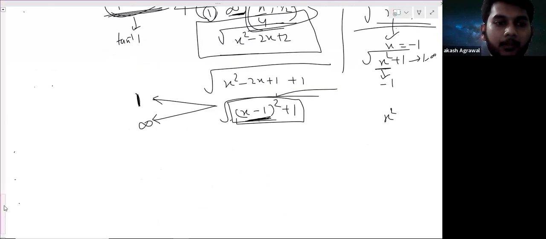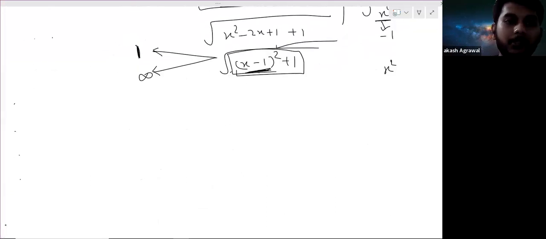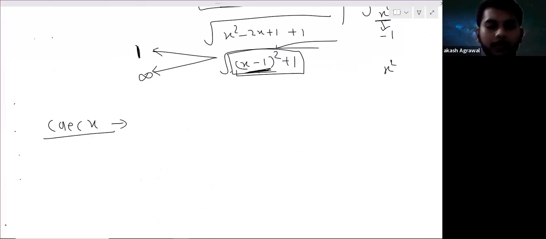Cosec: what is the graph of cosec? Or just write the domain and range of cosec. Domain: minus pi by 2 to pi by 2, minus 0. Very good.